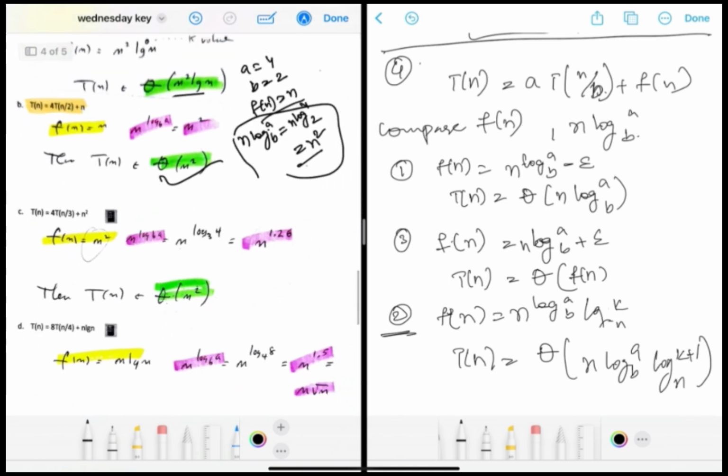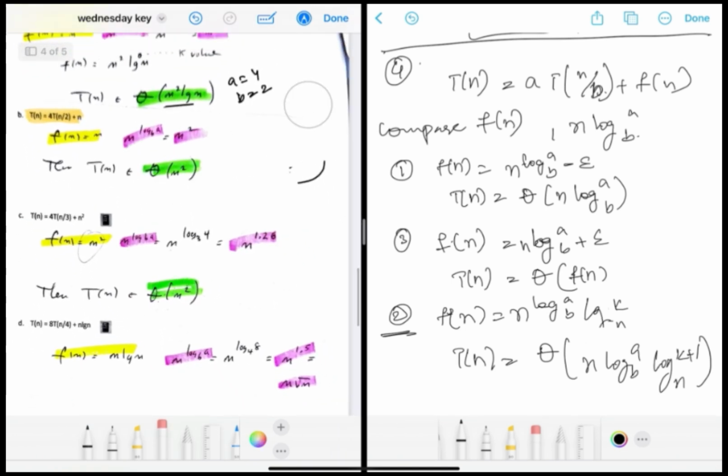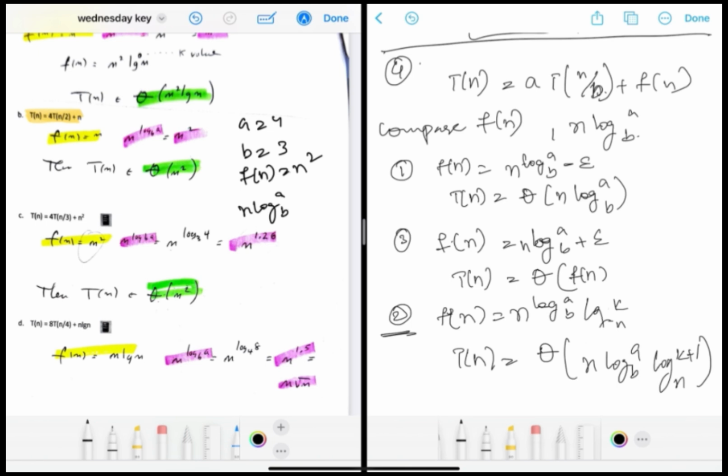And for the C, let's write a, b, and f of n for C. A is equal to 4, b is equal to 3, f of n is equal to n square, and n^(log a to the base b) is equal to n^(log 4 to the base 3), which is n^1.26.